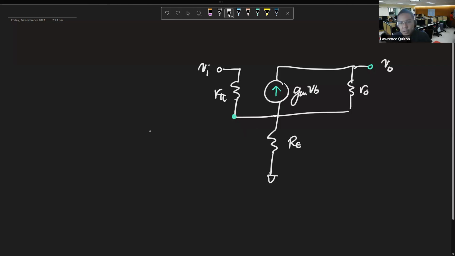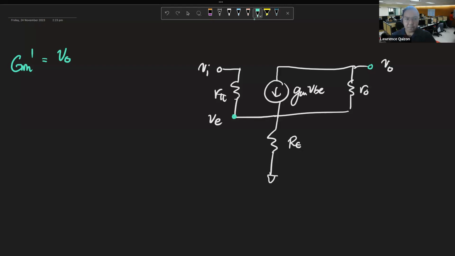So now let's calculate gm prime, rather.